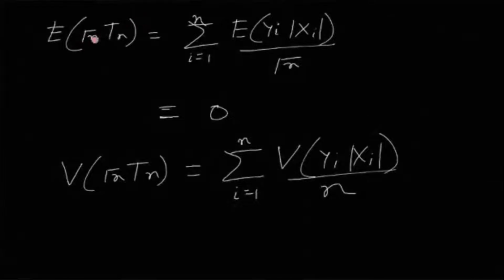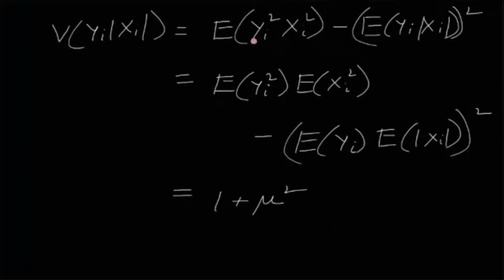Now expectation of root n into Tn is nothing but the summation of the expectation of this thing, which easily turns out to be 0. We don't need to know the expectation of mod of Xi, because the expectation of Yi is 0, so the entire term turns out to be 0. And the variance of root n into Tn is easily calculable: expectation of Yi squared into Xi squared minus expectation of Yi into mod Xi, whole squared.